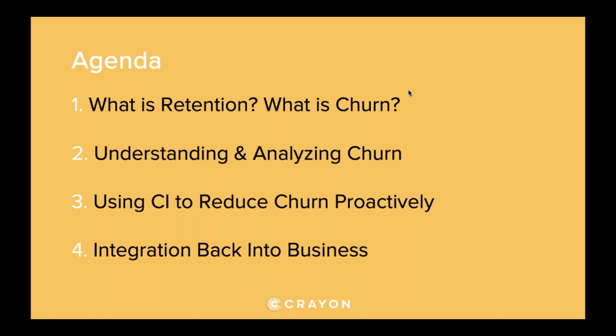And then talk about using CI to proactively reduce churn or proactively increase retention. We'll talk a little bit about the dynamics there. And then finally talk about integrating all of these lessons back into the business to make sure that we're seeing the full impact of our CI efforts in this area and that we're closing the loop to make sure that we're having the impact that we'd like.